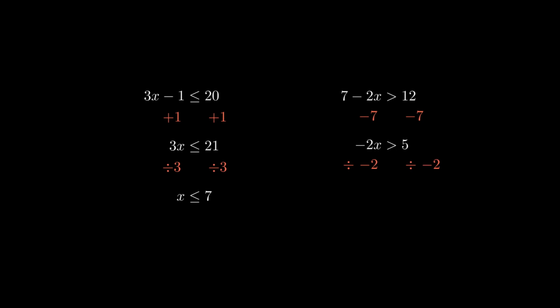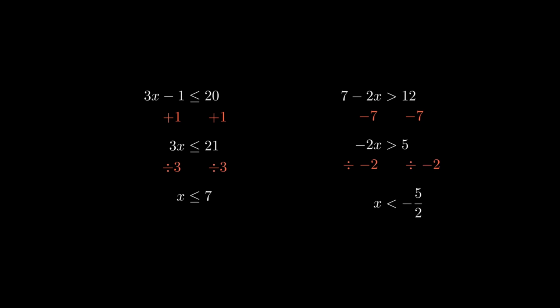This would give x by itself on the left and a -5/2 on the right. But because to get there we had to divide by a negative number, we need to switch the direction of the inequality so that now x is any number less than -5/2, not greater than anymore.